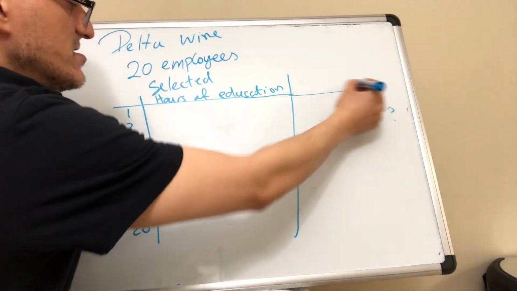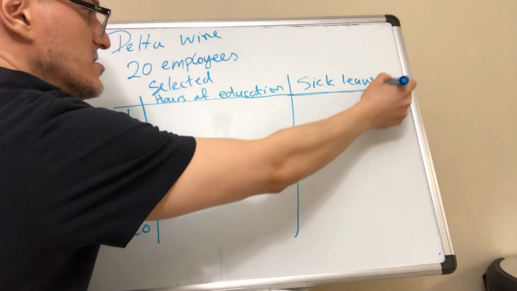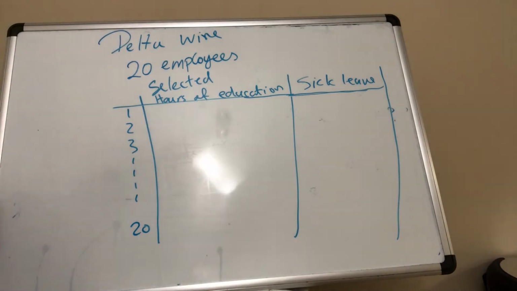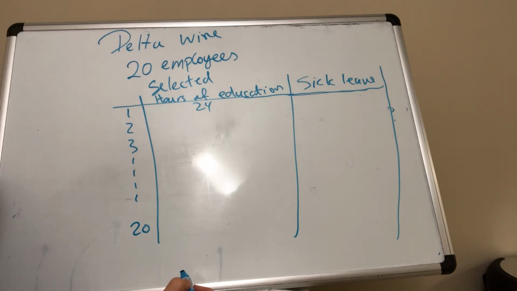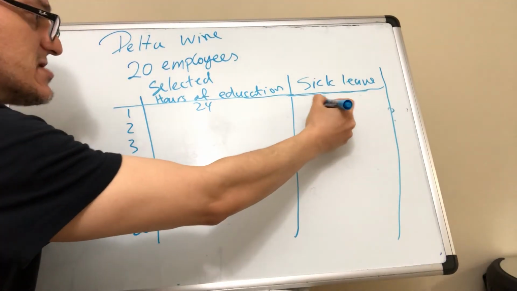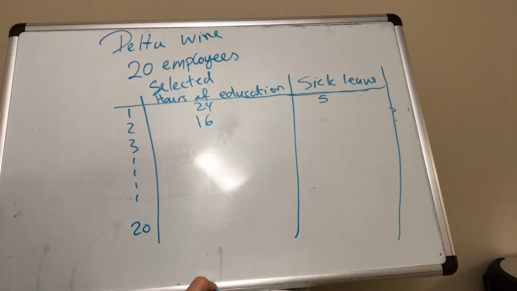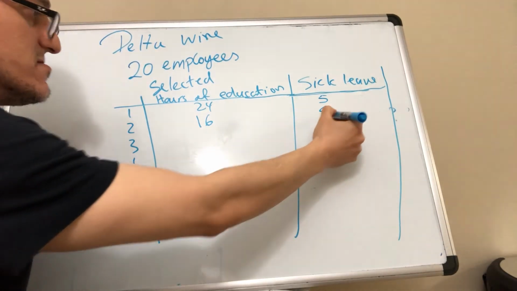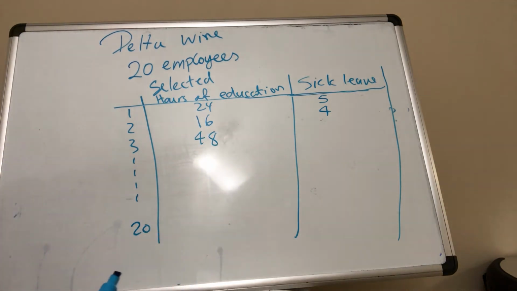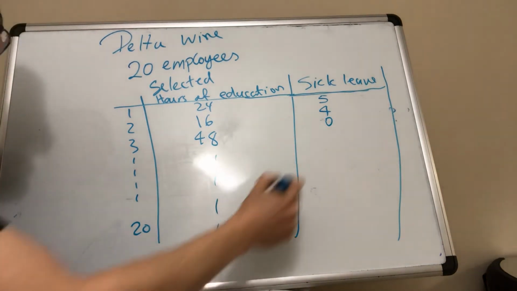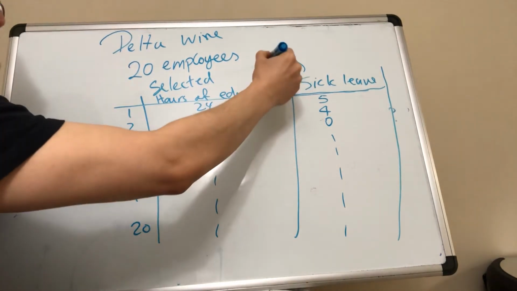And you have sick leave, or days of absence. Someone with 24 hours of education only skipped 5 hours. 16 only skipped 4 hours. 48 skipped none, and you have all kinds of information. They want to see if there is a relationship between these two.